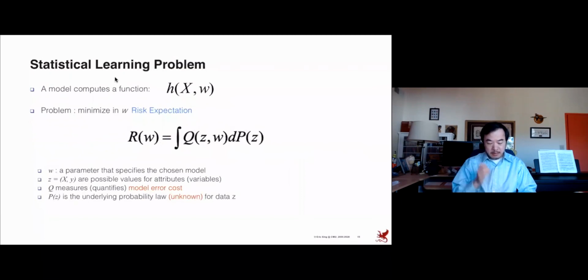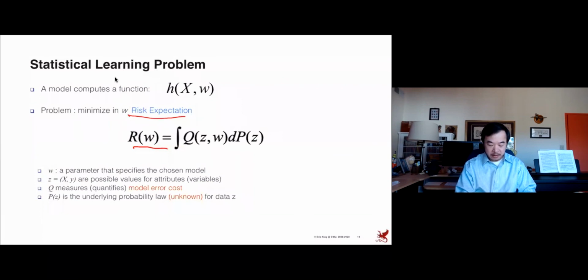Well, in computational learning theory, we always learn a hypothesis using risk minimization. We define the risk as the error measure of the prediction made by the hypothesis, right?